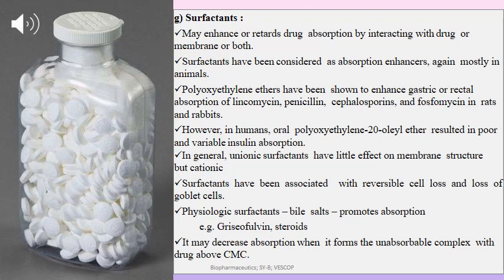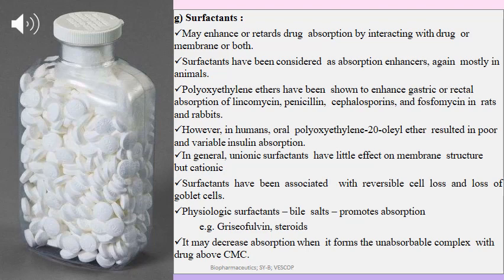Or they increase the membrane permeability of the drug.